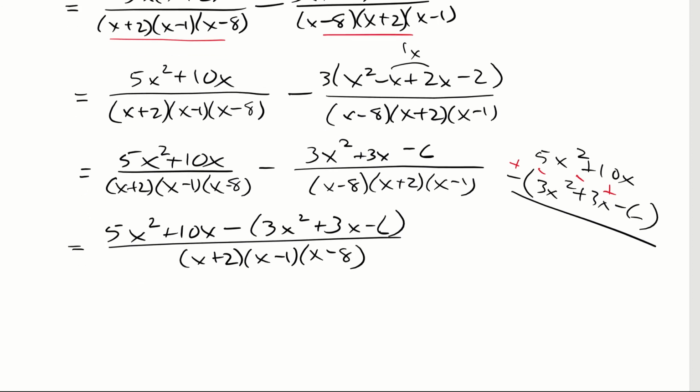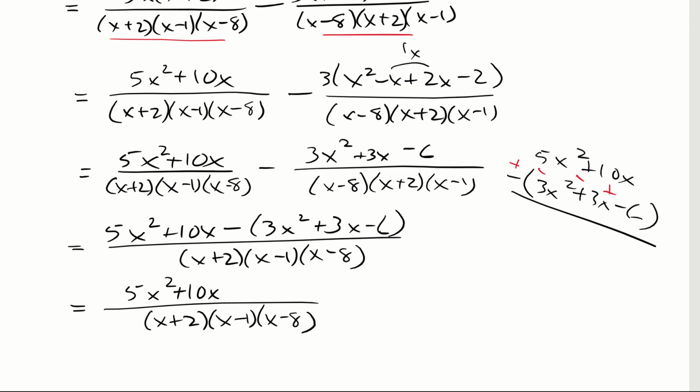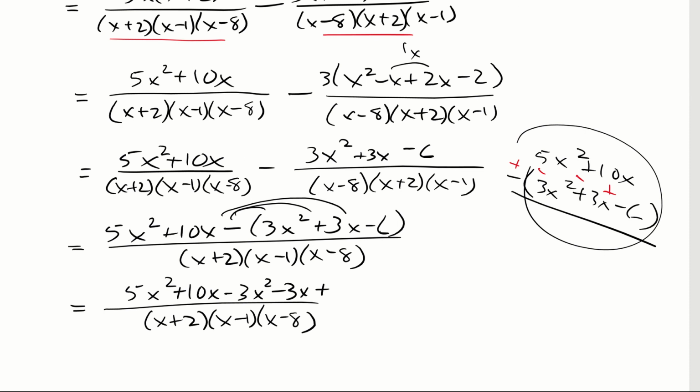And the rest, it's now a matter of just getting that numerator completely done right. So I've got the 5x squared and the 10x waiting patiently. Well, watch this now. Distribute the negative. Instead of this, you could do it this way. Minus 3x squared minus 3x plus 6.